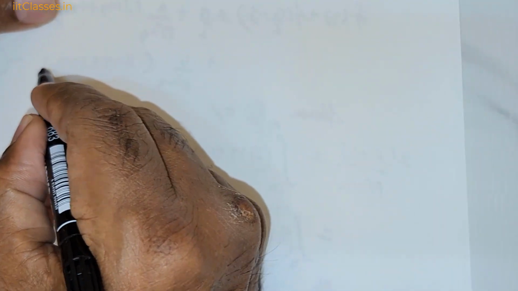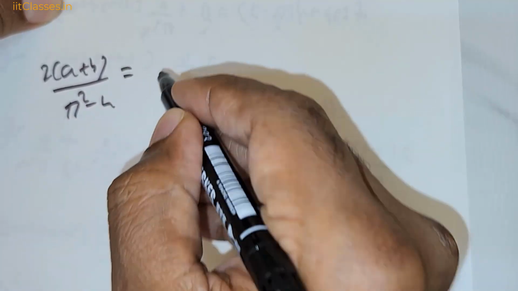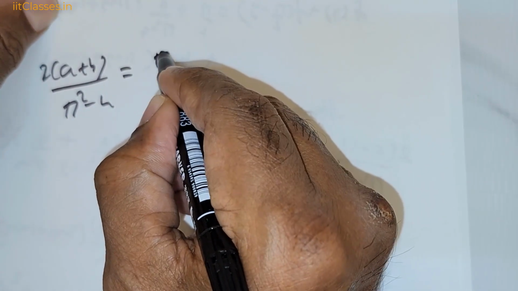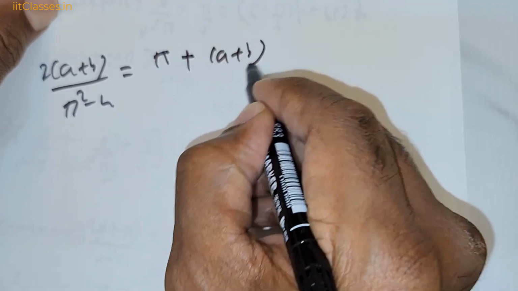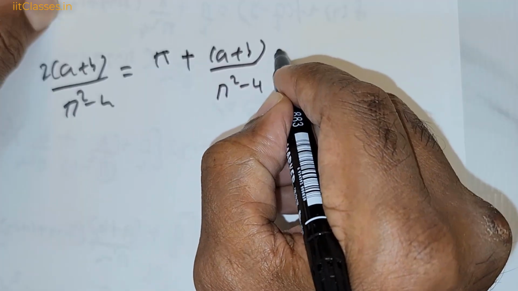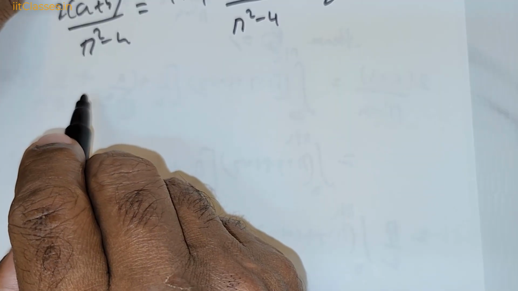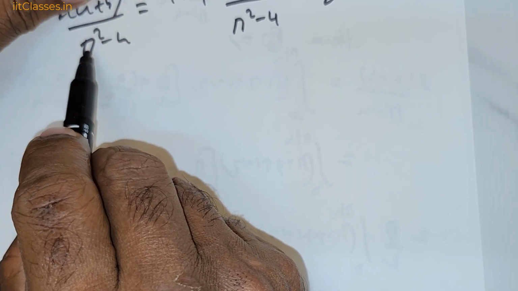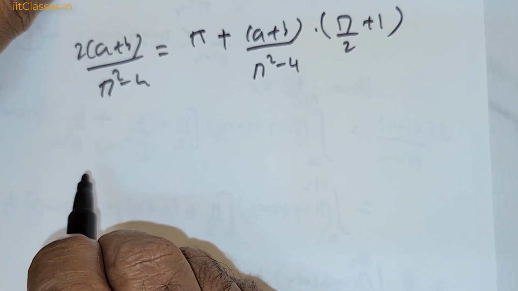So what I've got? 2 times of a positive b divided by pi squared negative 4 is equal to pi positive a positive b divided by pi squared negative 4 of pi over 2 positive. Okay. They want us to find what is the value of a positive. They want us to get this value.